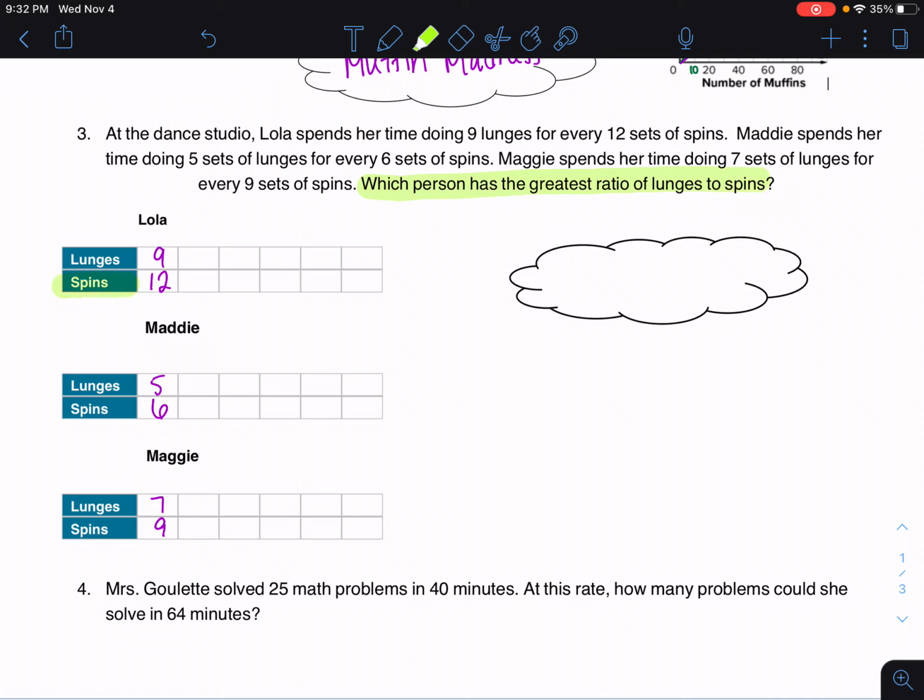So the first thing I'm going to do is get all of my spins to be the same. So I'm going to continue the pattern in each table until all my spins are the same.